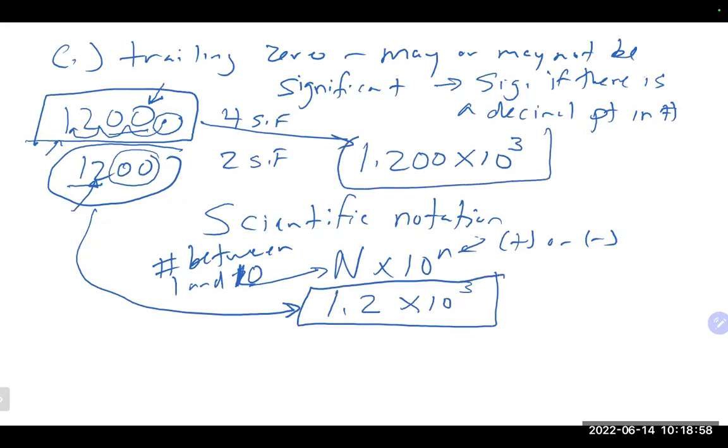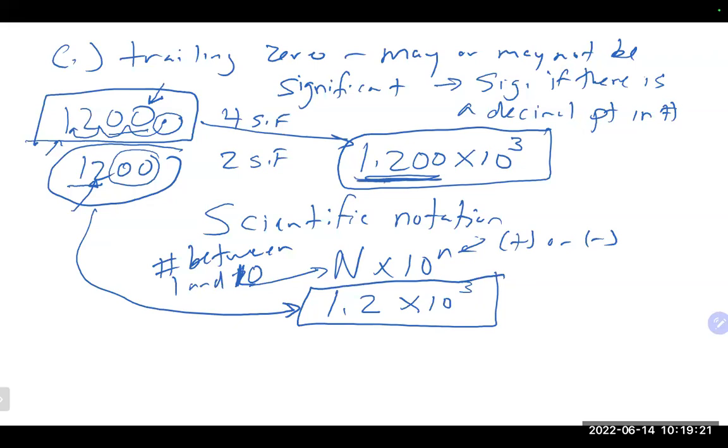First off, what is the difference in the value of each of these? The difference in the value is nothing. They're both the same, 1200, right? But there is a difference in the number of significant figures. Whenever you write a number in scientific notation, all of the numbers that come before the times 10 part are significant.